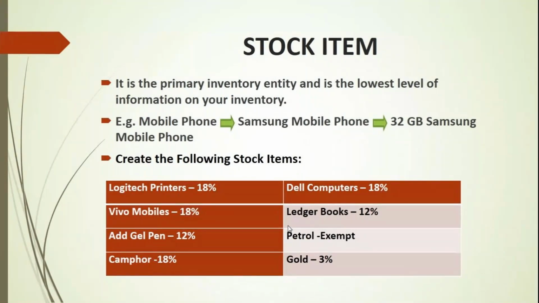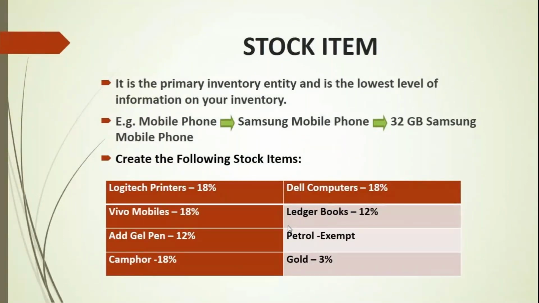Nothing but the respective GST rates for the commodities. Yes, this is the existing rate applicable to the commodities. So here what we have to do is update the GST rates for the stock items.